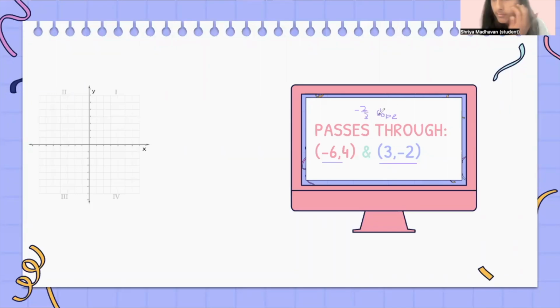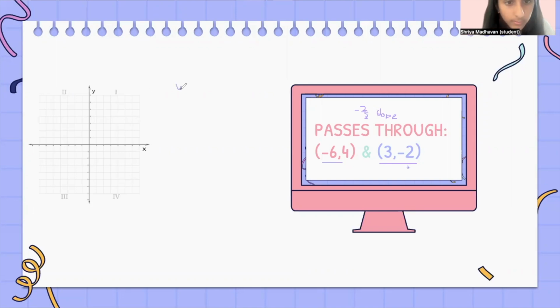Okay. And now we can just pick one of these 2 points to be x1 and y1 in our point slope formula. And I'm just going to go with this one because it's a little easier with smaller numbers.